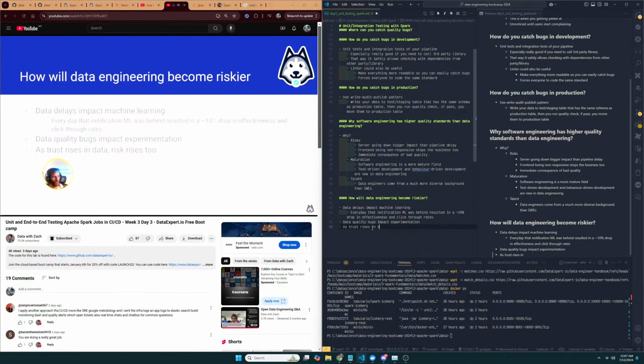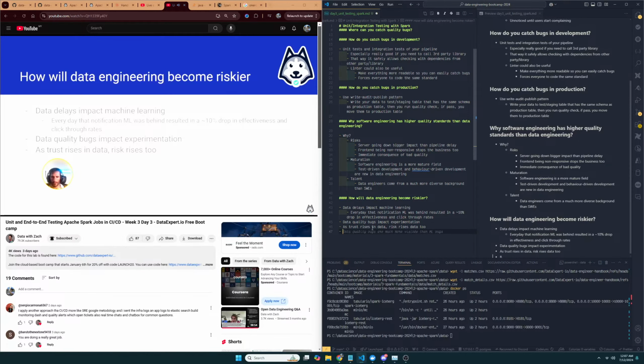Another one here: data quality bugs that impact experimentation. If you have data quality bugs that are persisting and hiding out because you aren't doing enough checks, then in the experimentation layer, when data scientists are running A/B tests, they might get the wrong idea because there's a bug in one of the metrics.